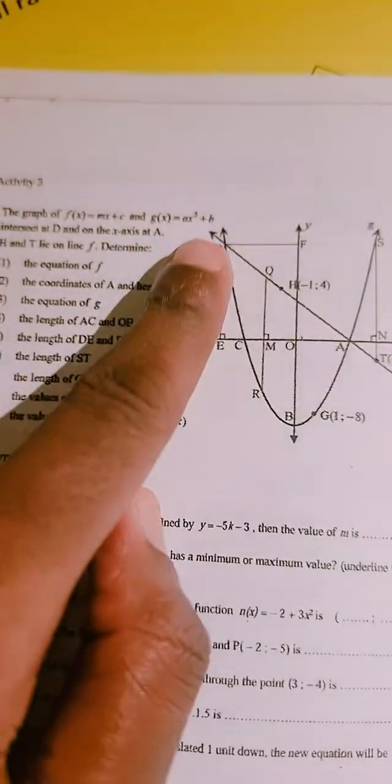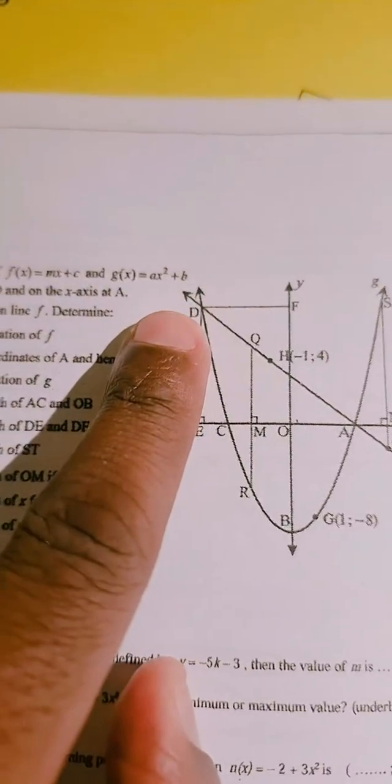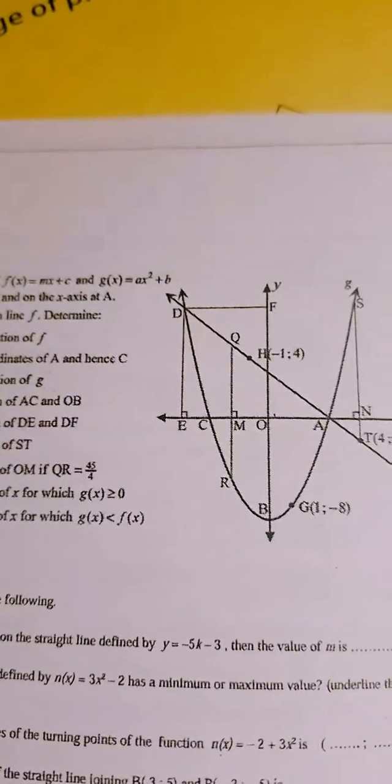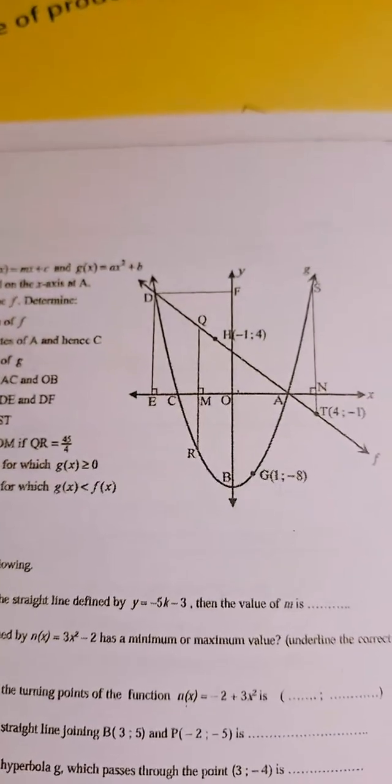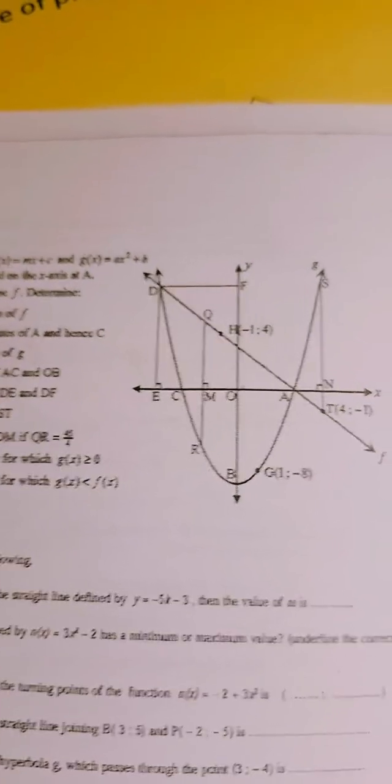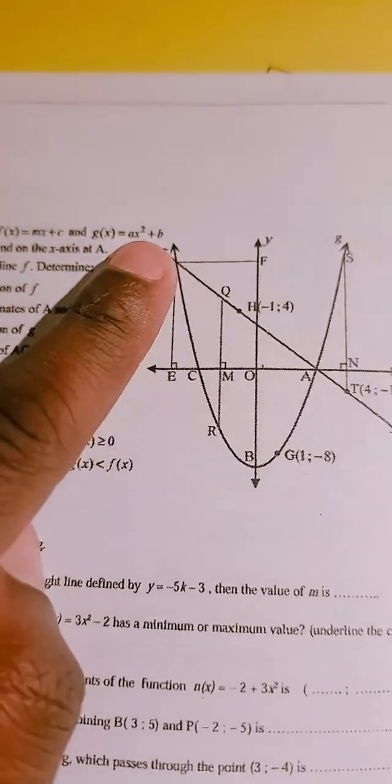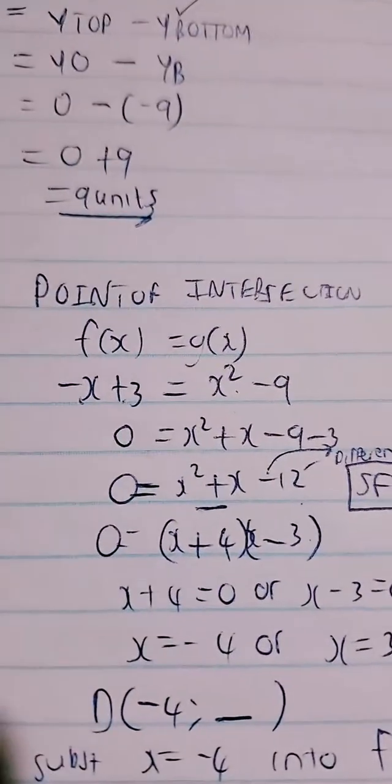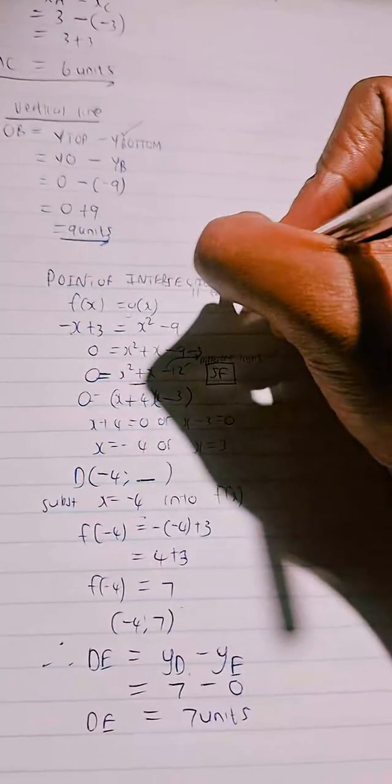So what did we then observe? That point, we were told, is where f and g intersect. So what do we know about that point? It is called the point of intersection. What can we do with a point of intersection? Well, since there are two functions meeting there, we can make them equal. If two functions meet, we make them equal.